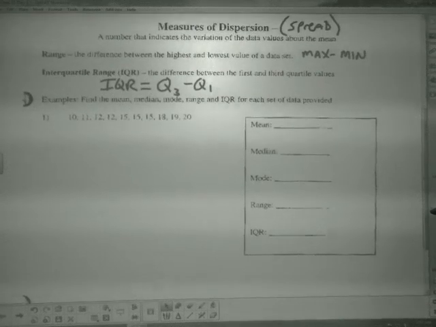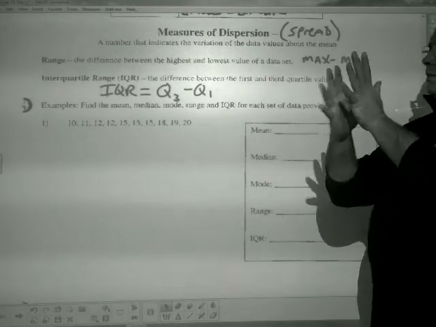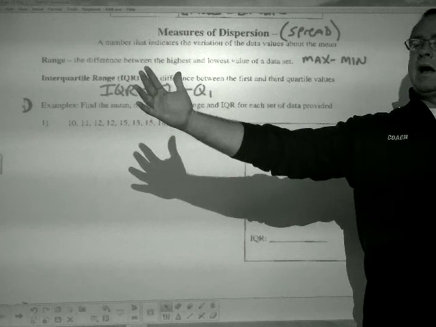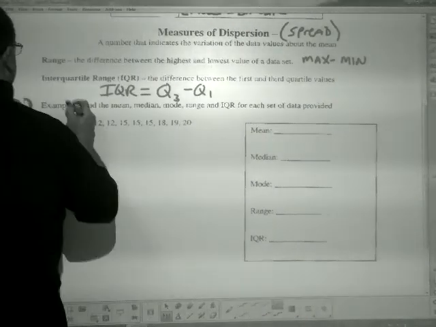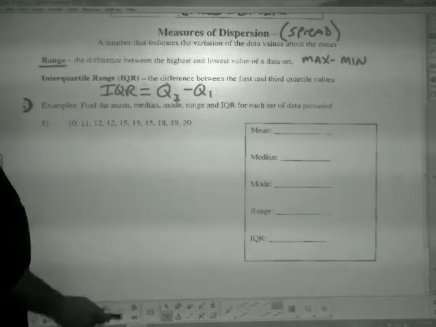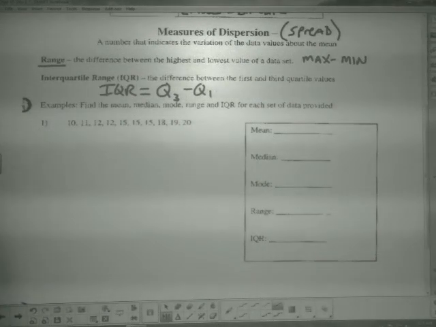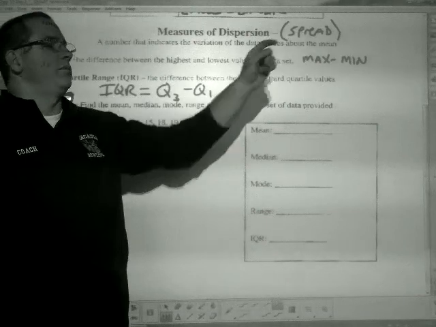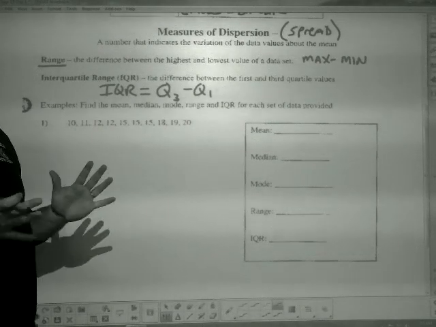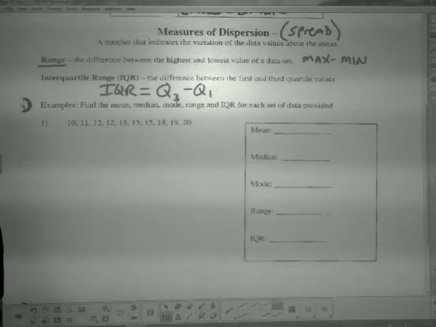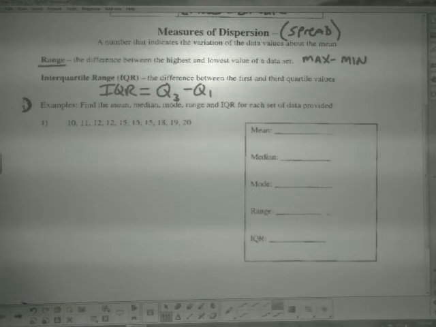We have measures of what they call dispersion, or measures of spread, how spread out the data is. All right? We have a couple different definitions. One, the range. It is the difference between the highest and lowest value. It's your max minus your min. The range isn't stating the max minus the min. The range is actually calculating the max minus the min. Okay?